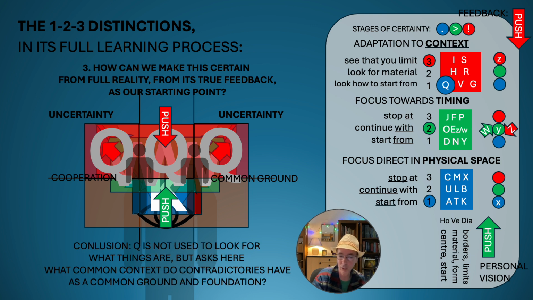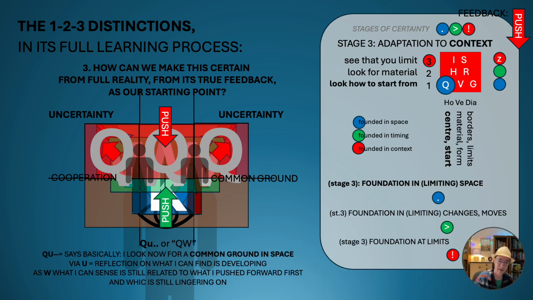Conclusion, this Q is not used for what are the things, but it actually also adds that question mark to the next level. What context do all the contradictions have between the two pushes in two directions? What does the feedback process itself say, what kind of common ground we have, what kind of foundation we have.